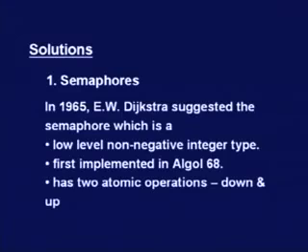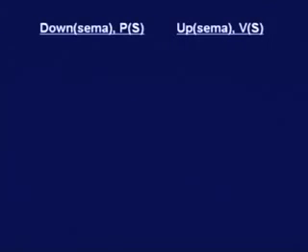Dijkstra suggested the semaphore, which is basically a low level non-negative integer type. It was first implemented in the ALGOL 68 language, and it has two atomic operations associated with it, the down operation and the up operation. So, we have down semaphore or PS and we have up semaphore or VS.